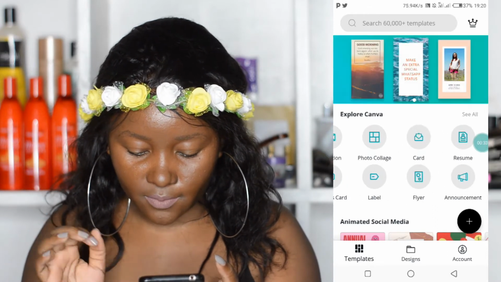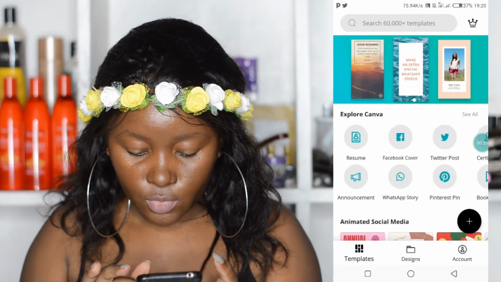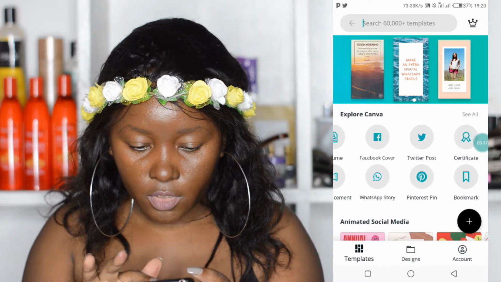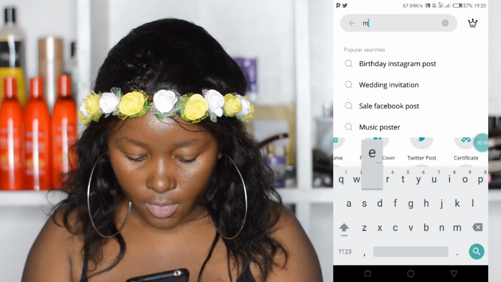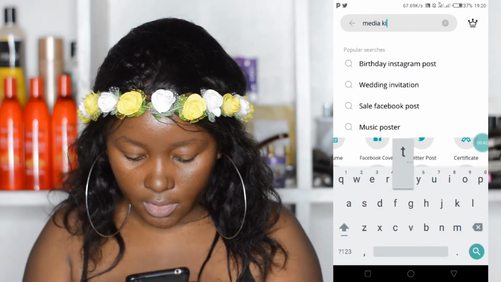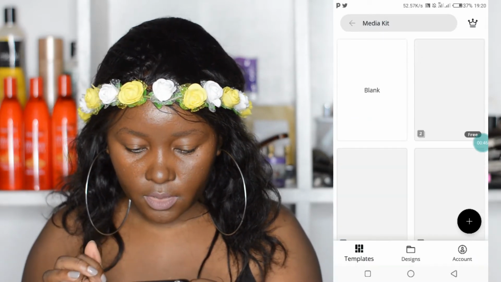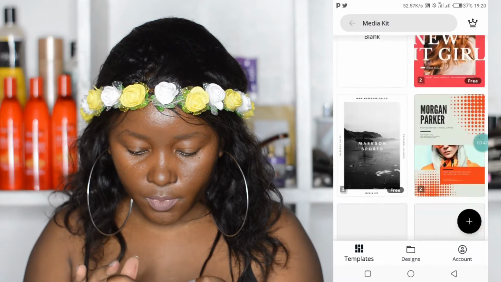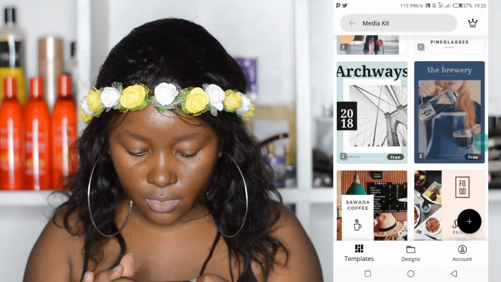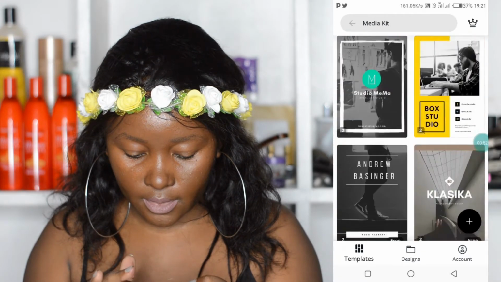We are going to talk about Canva some other day, but for now let's go to search here and search for media kit. You see? You get it, then you go, and you are given so many templates like that.